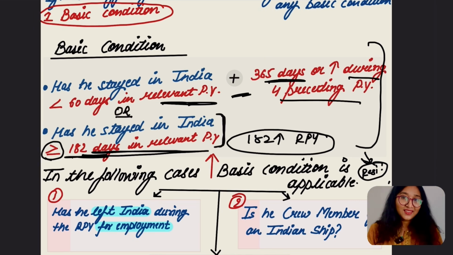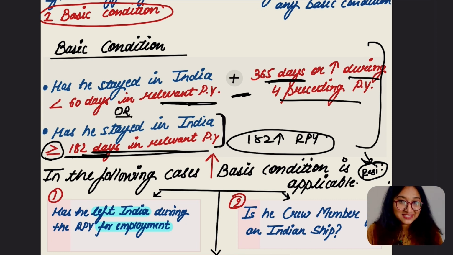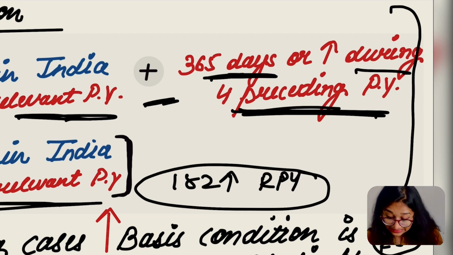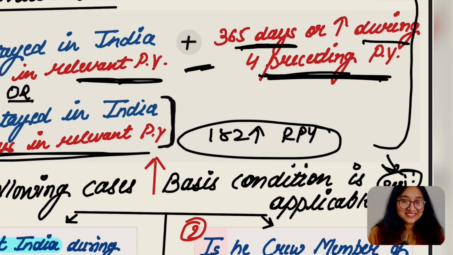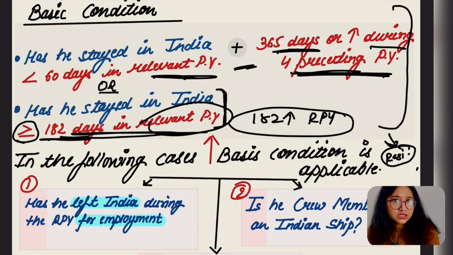The person would be a resident if he satisfies any one of the basic conditions. The basic condition says that if he stayed for at least 60 days in the previous year, plus he has stayed more than 365 days during the 4 preceding previous years, this is one of the conditions. And the second condition says that if he has stayed more than 182 days in the relevant previous year, then he will be known as a resident of India.